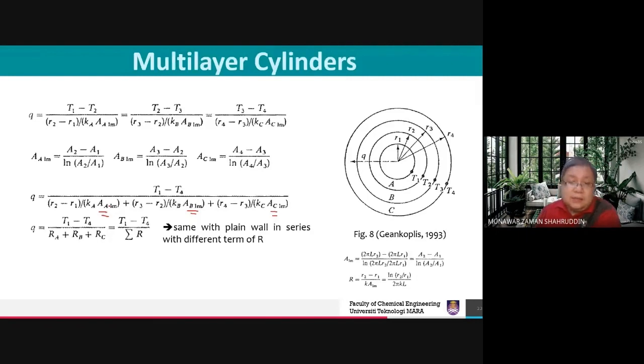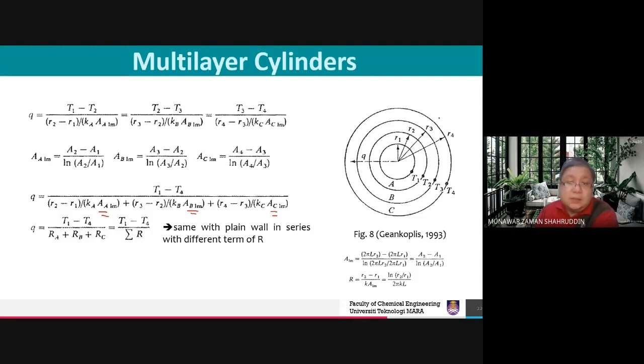Just now it was a different K but the same A. Now A has its own area value, which will depend on the radius of that particular layer. So you have T1 minus T4 over the summation of R. R will depend on RA, RB, and RC.